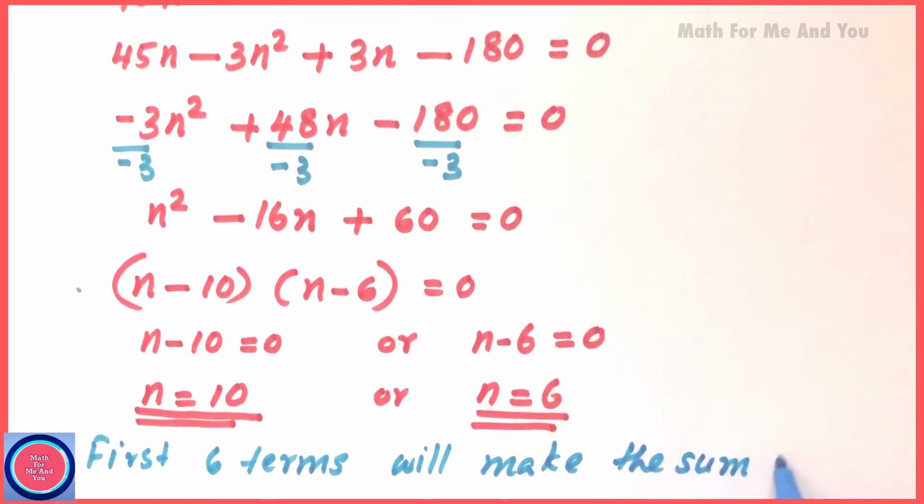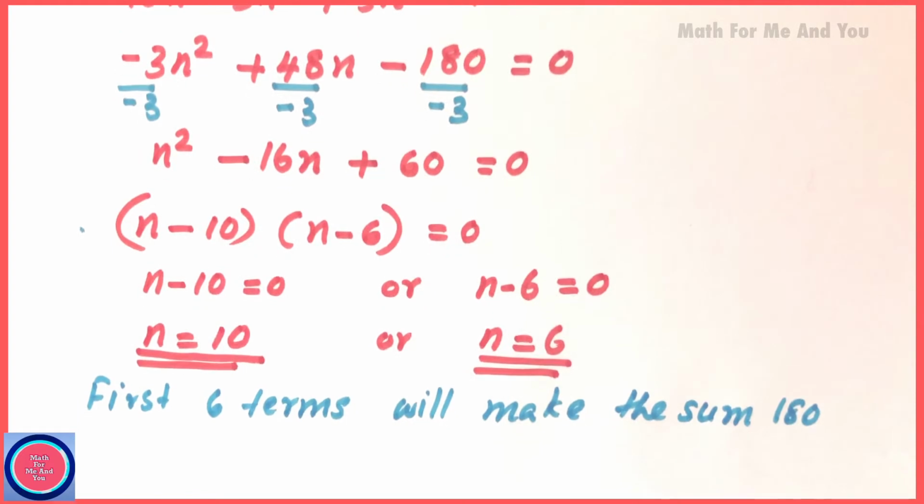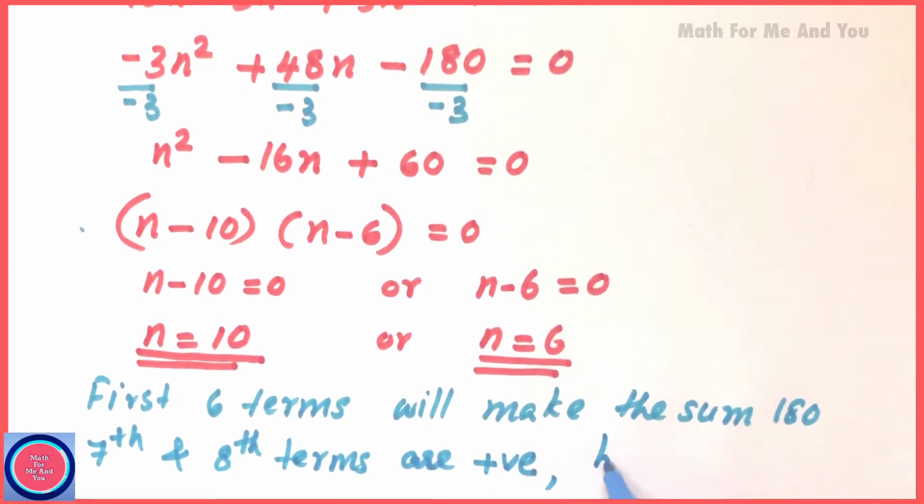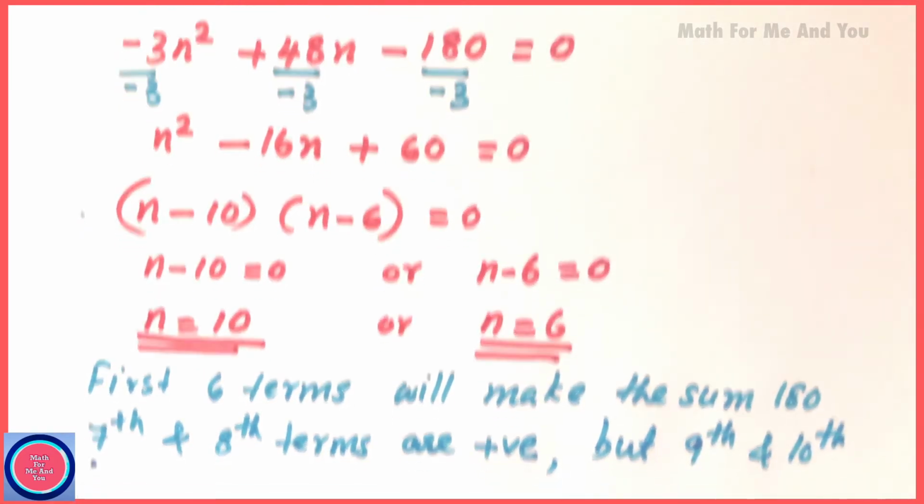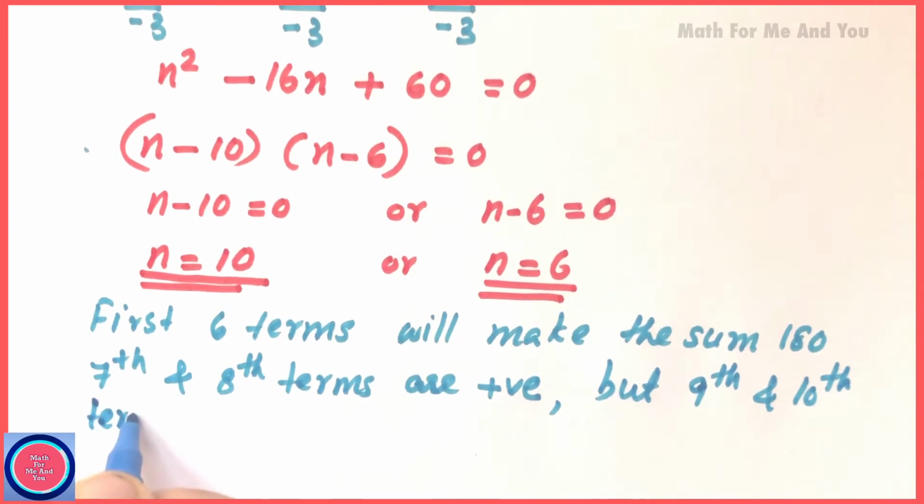Total means sum. The sum of the first 6 numbers will give us a sum of 180. But the 7th term, 8th term, 9th term and 10th term, if we consider these 4 terms, the 7th and 8th terms are positive numbers, but the 9th and 10th terms, these 2 numbers, are negative numbers.